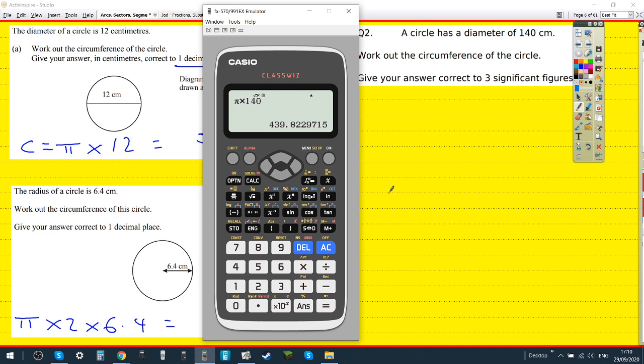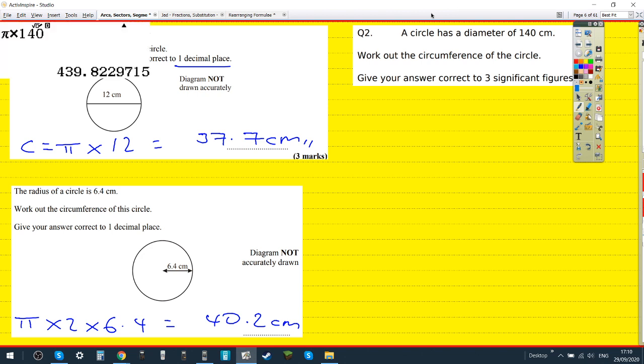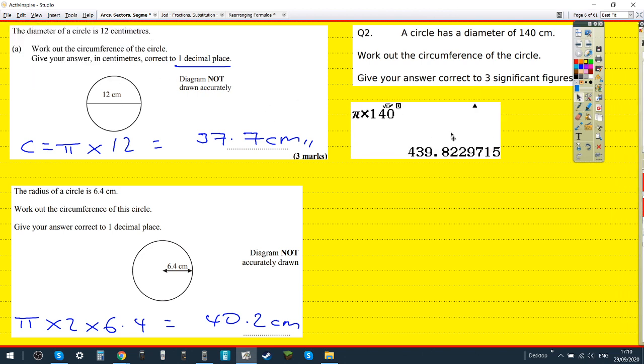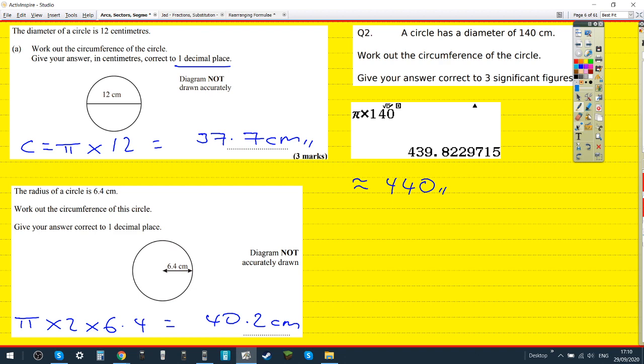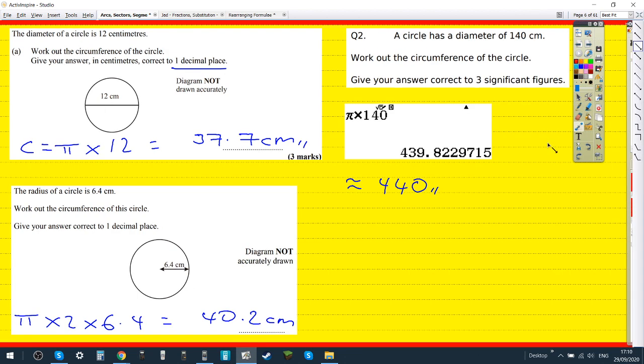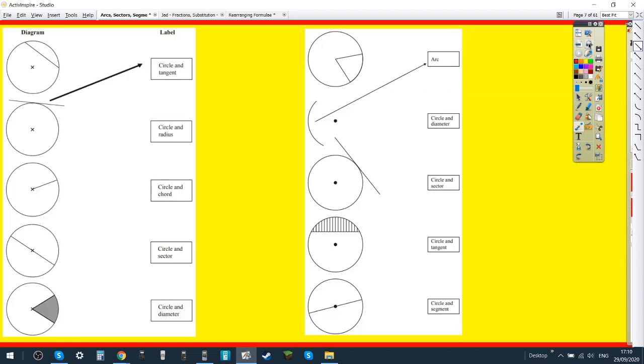Yeah. Okay. So 439. It's closer to another number. 440. Yeah. If that was money, that would be £439.82p. It's closer to 440 than 439. Yeah, 1, 2, 3. 3 significant figures, 3 digits. Great. Any questions there? So it's pi times diameter or pi times 2 times radius.